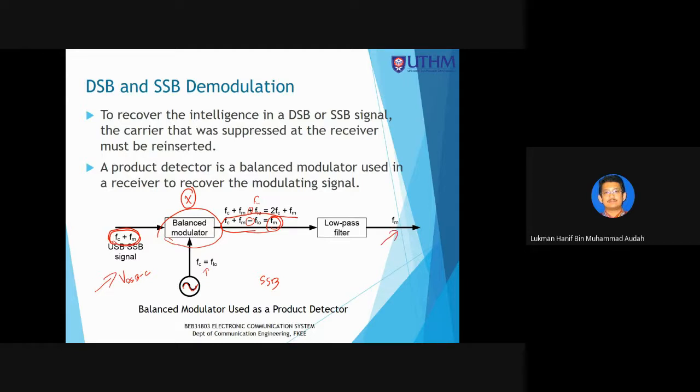Kalau kita nak select upper frequency ini, kita perlukan high pass filter. Okay, to select the high frequency and remove the lower frequency. Okay, tapi dalam kes ini kita nak menghasilkan VMT. So Fm here is a VMT. Okay, so we produce the original signal.